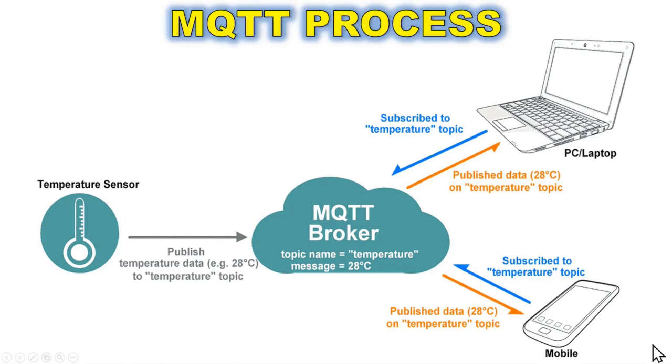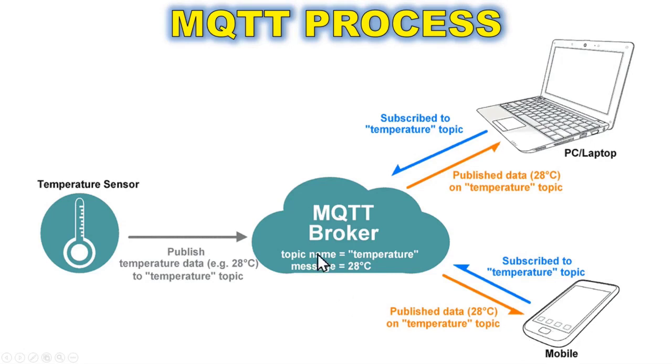Second, the temperature sensor publishes a topic entitled Temperature with message data containing the temperature in degrees Celsius to the MQTT broker. Next, the two clients, namely the laptop PC and the mobile phone, can also subscribe to the topic entitled Temperature from the MQTT broker.